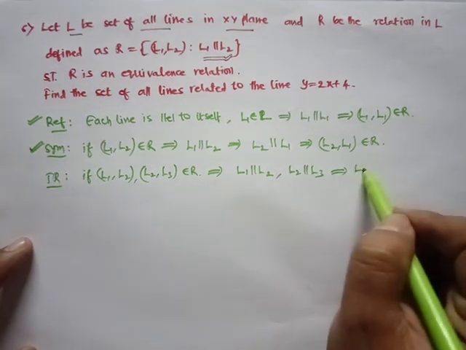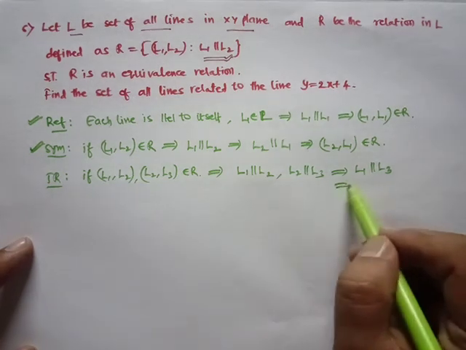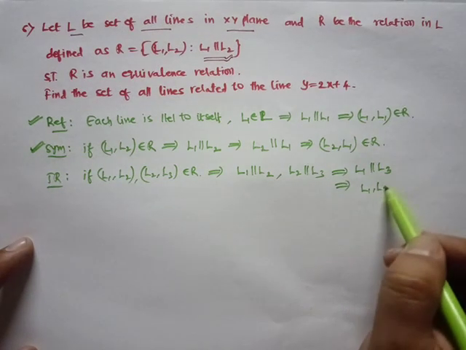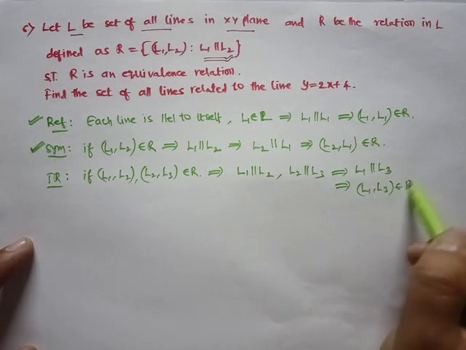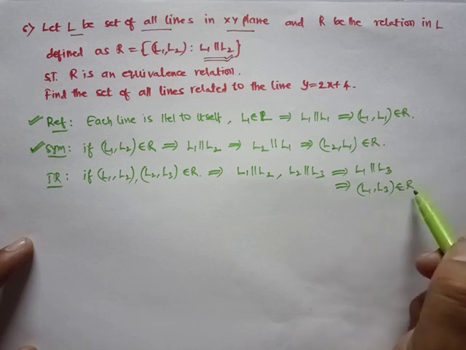This implies L1 is parallel to L3 also. So this implies (L1, L3) belongs to relation R.